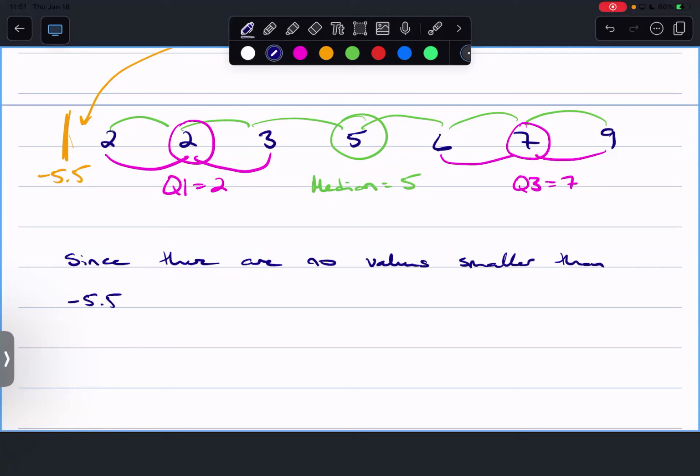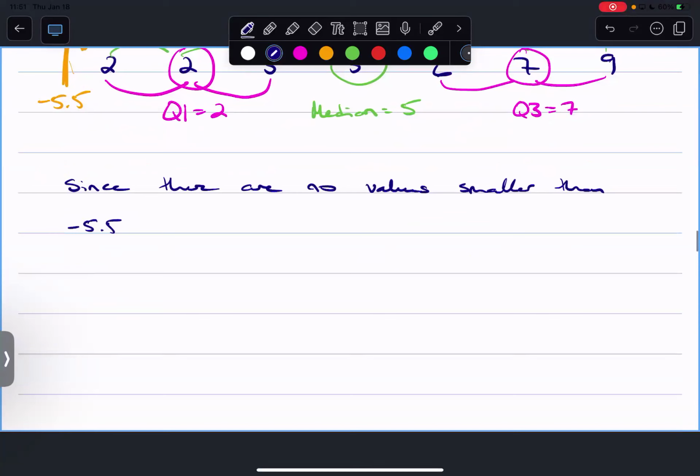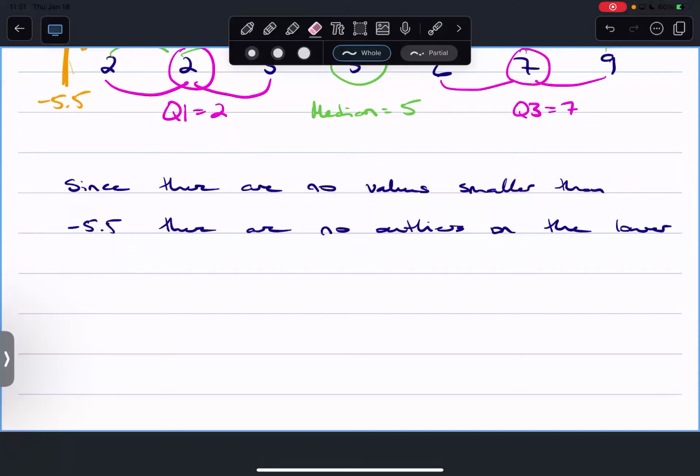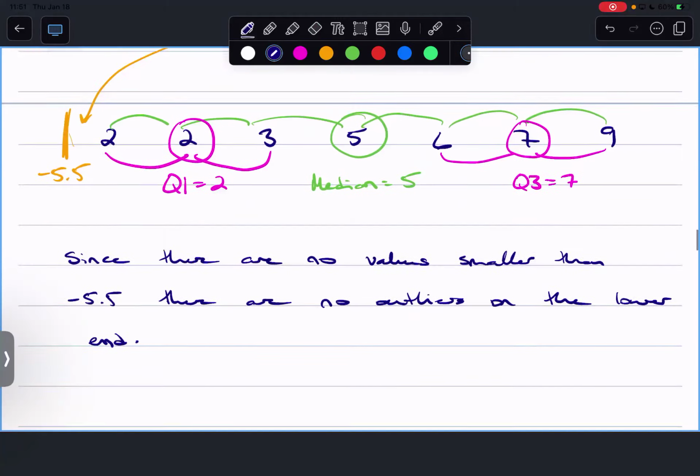We still have to do the upper bound, but there are no outliers on the lower end. Maybe I should say lower end, just so I don't say lower bound twice.